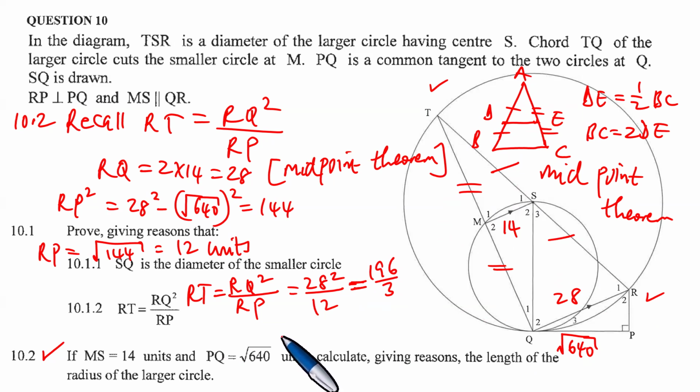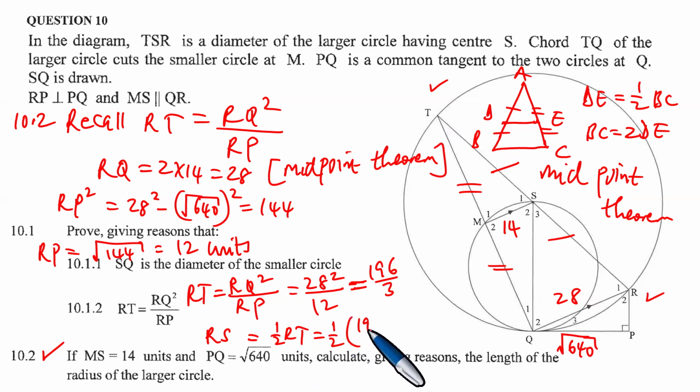You can take any radius, like TS or SR. Let's take RS. RS is half RT, which is half of this.